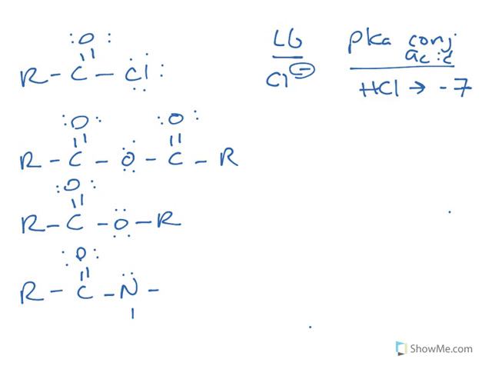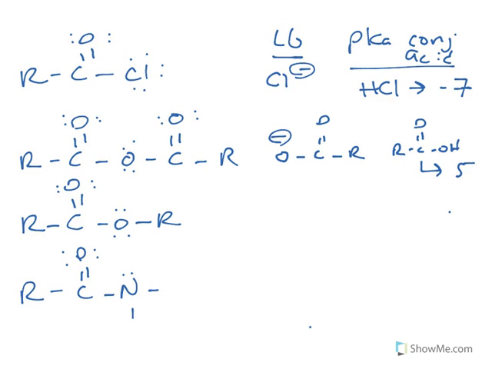So the leaving group here on the anhydride is there, all right? So this is called a carboxylate, all right? So it's the conjugate base of a carboxylic acid. So the conjugate acid of the carboxylate is a carboxylic acid, where we said that pKa value is around 5, all right?